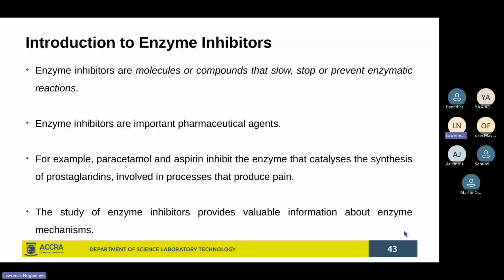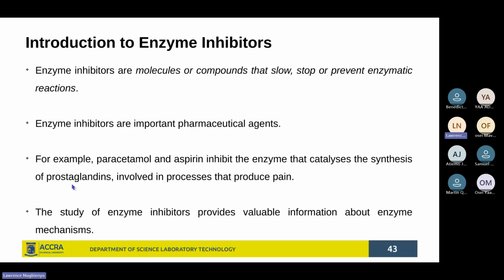So for instance, you have paracetamol and aspirin that inhibit enzymes that catalyze the synthesis of prostaglandins. And prostaglandins are derivatives of fatty acids, they are hormone-like substances which participate in processes of the sense of pain.